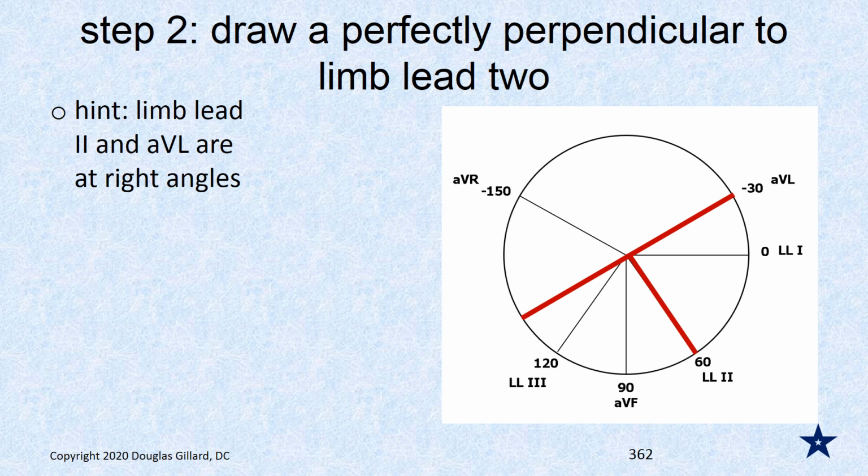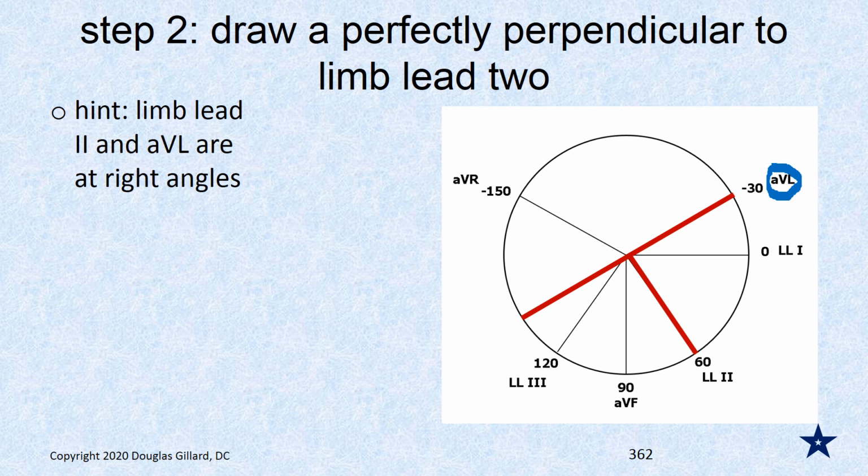In the real world, this is really going to be the answer because it's almost perfectly biphasic anyway. So perfectly perpendicular to limb lead 2, it's going to be heading right at limb lead AVL because we said these guys are 90 degrees apart.